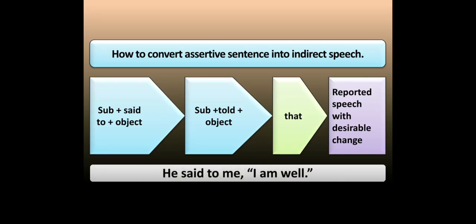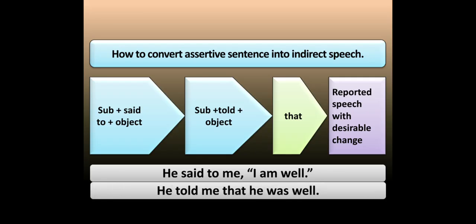He said to me, "I'm well." He told me that he was well. Am turns into was, and I follows he. That means the first person in reported speech will follow the subject of the reporting verb.